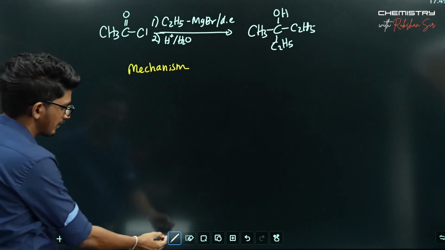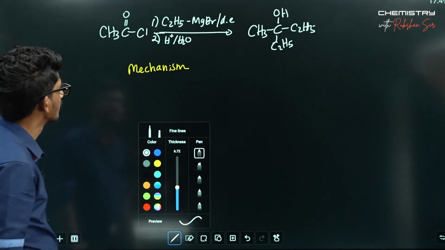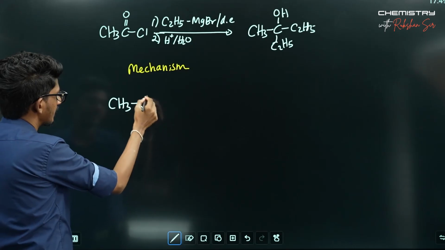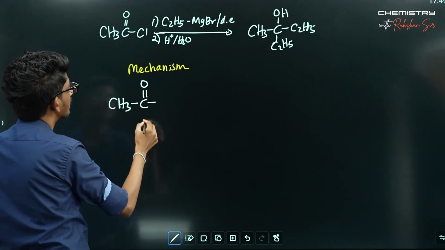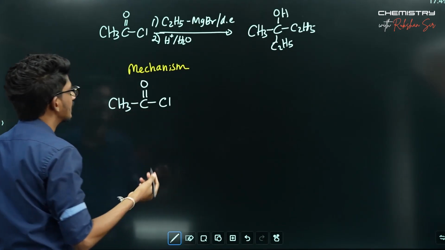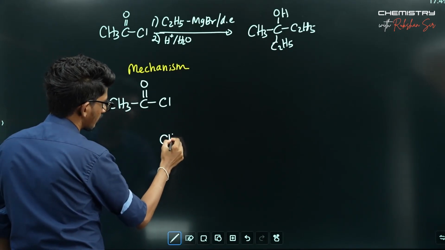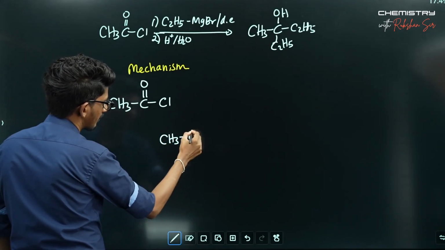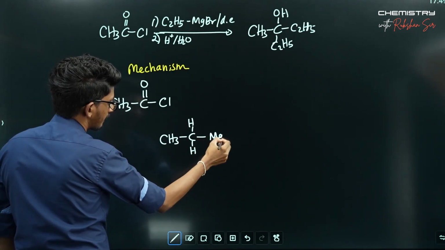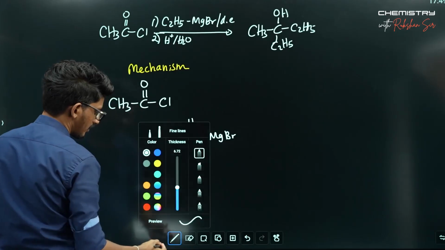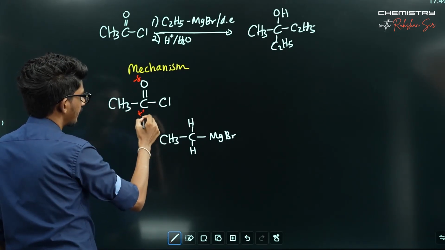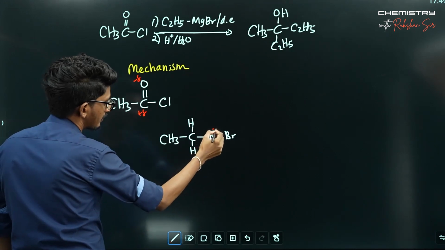Again I am clearly indicating all the bonds of the carbons which will break and form. So this is the Grignard carbon. So polarities will appear like this.